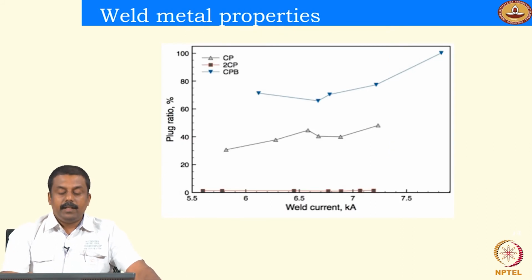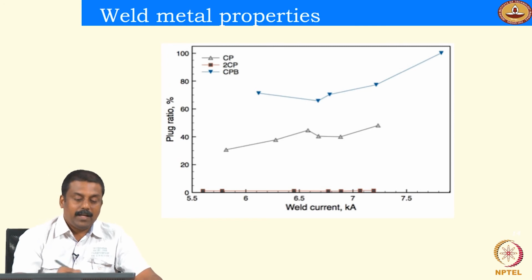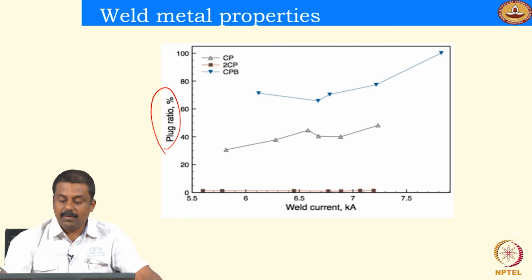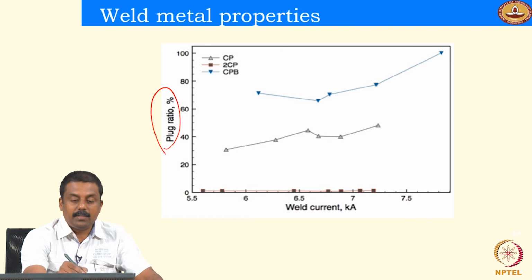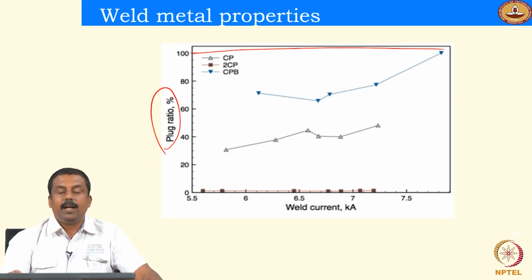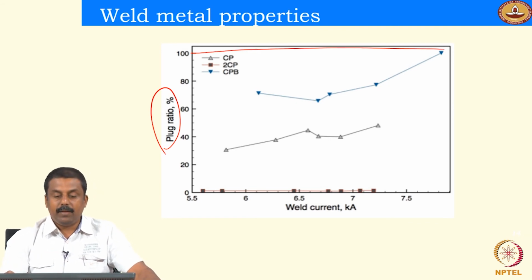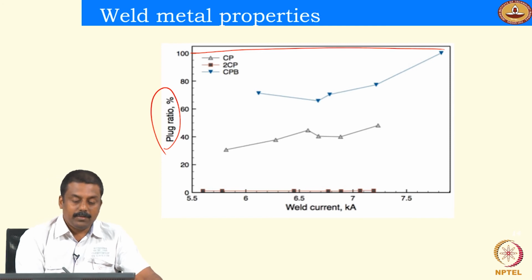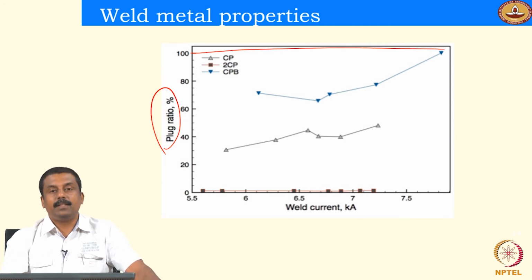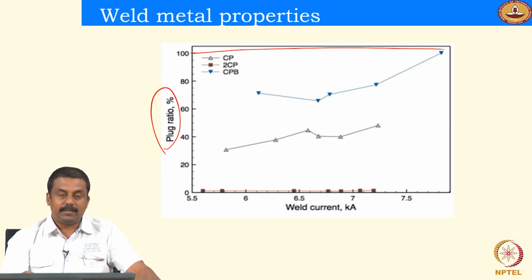You see already the steel CPB has a very good plug ratio. If the plug ratio is close to 100, that means you have a complete plug failure. And if your plug ratio is 0, then what happens? Then it has a complete interface failure, right? That's what I explained in the previous resistance spot welding lecture.